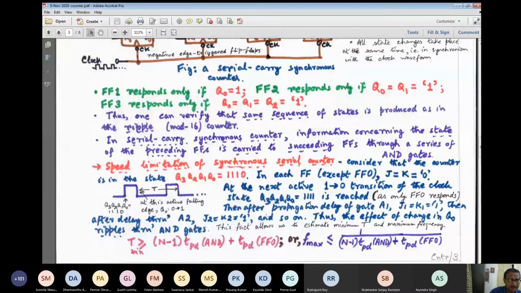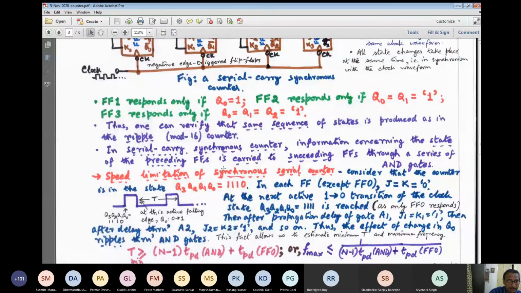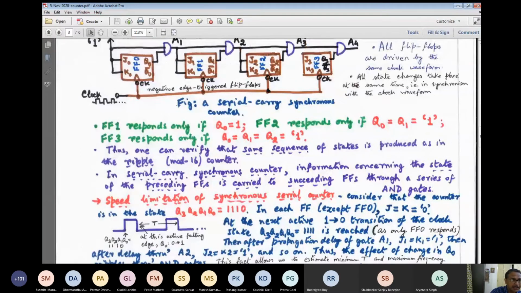So that's what I have written for your benefit also. At the next active 1 to 0 transition of the clock, this state will become all 1. Only FF0 responds, mind you. After the propagation delay of AND gate A1, what will happen? Earlier, when Q0 was 1, all the JK inputs were 0, only for the leftmost flip-flop.